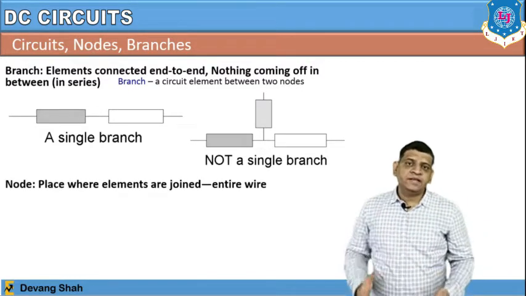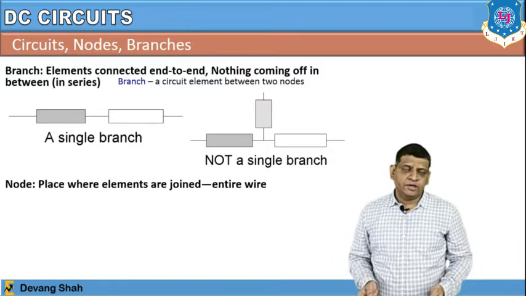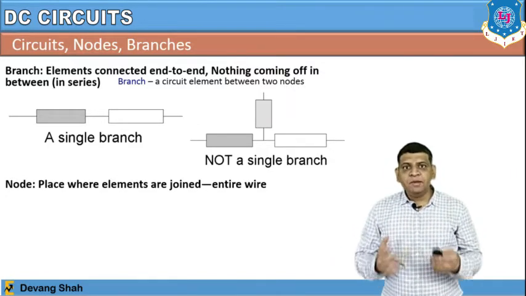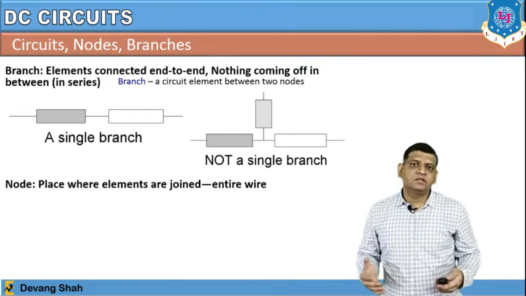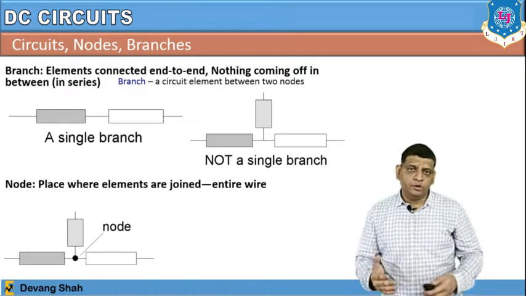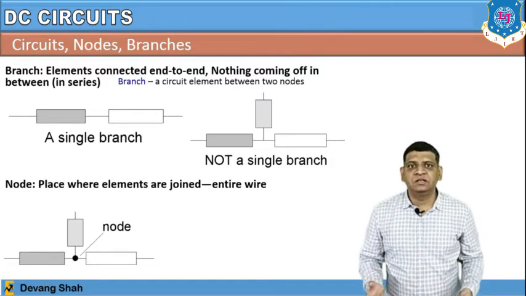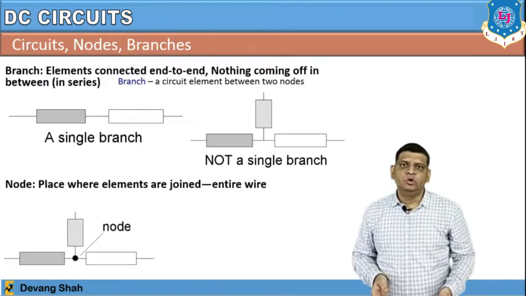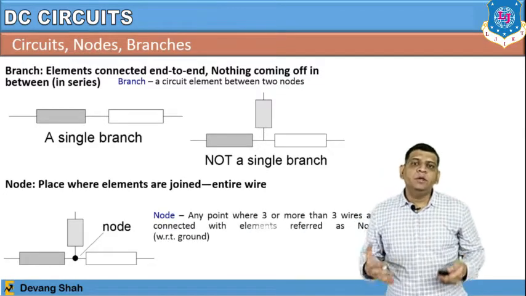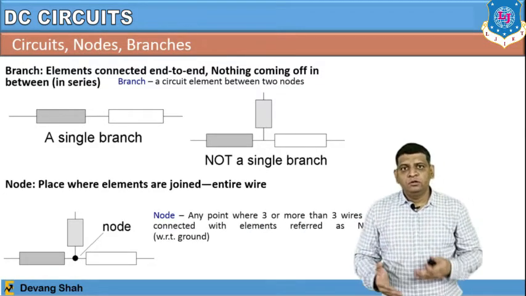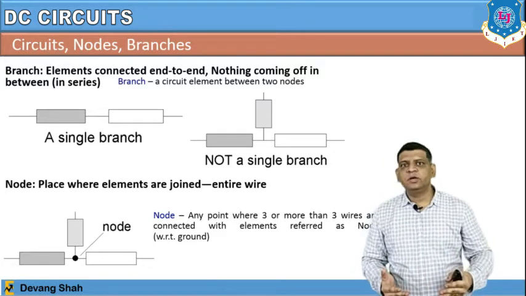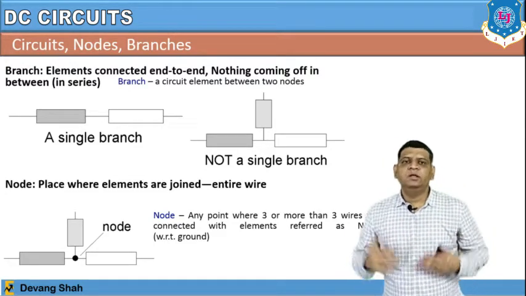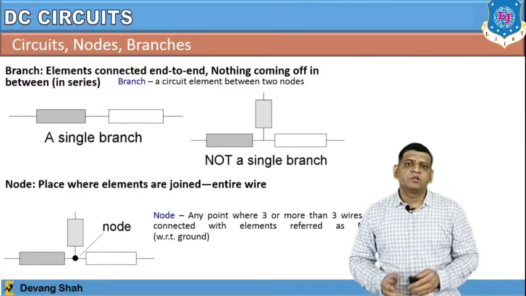Next is the node. What do you mean by the node? Ultimately, where all elements are connected is called a node, right? A node, or you can also consider it a junction, is where all these three components are connected. So what do we mean by node? At any point where three or more wires or components are connected, that is defined as a node.